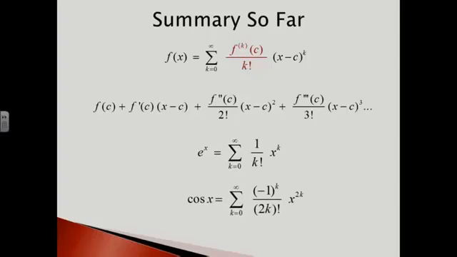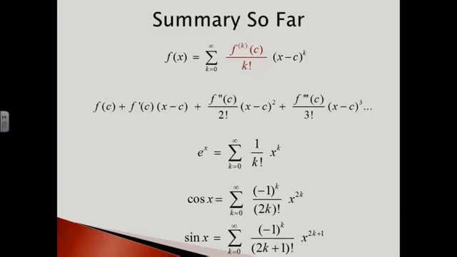Cosine x equals sigma k from 0 to infinity of minus 1 to the power of k divided by (2k) factorial multiplied by x to the power of 2k. Sin x equals sigma k from 0 to infinity of minus 1 to the power of k divided by (2k plus 1) factorial multiplied by x to the power of 2k plus 1.